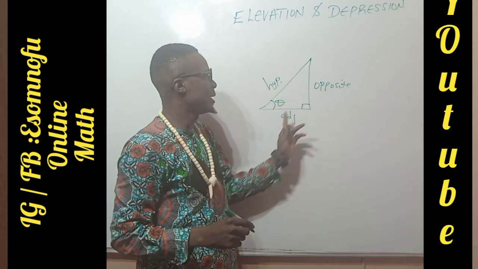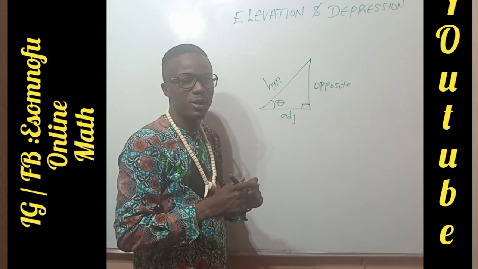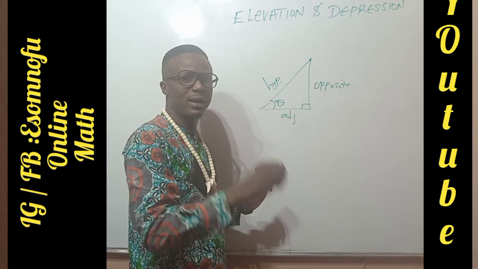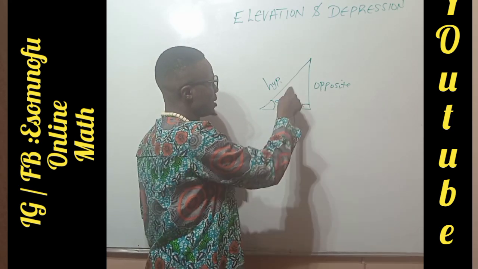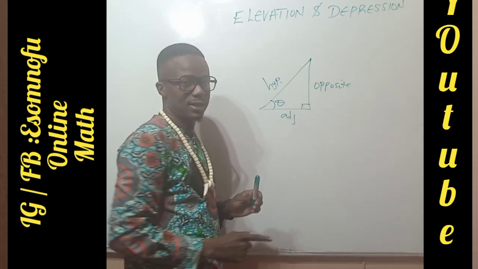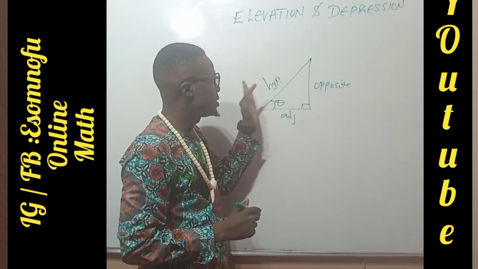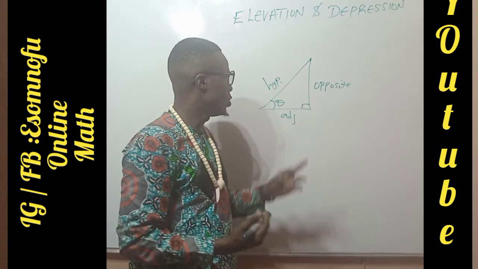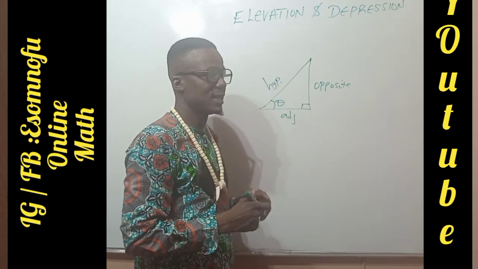So the opposite and adjacent do not have a peculiar place they stay in the right angle triangle. Their positions are determined by the placement of the angle. If this angle theta is now here, it means that here is opposite while here becomes adjacent. But the hypotenuse must always stay here because it is the longest side of a right angle triangle, or the side being faced by the right angle.